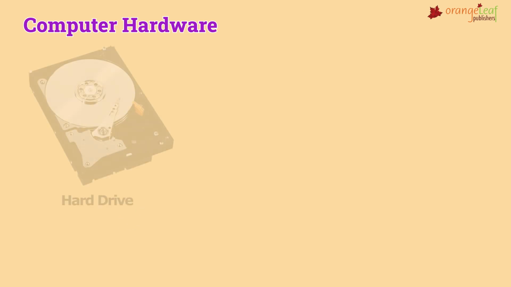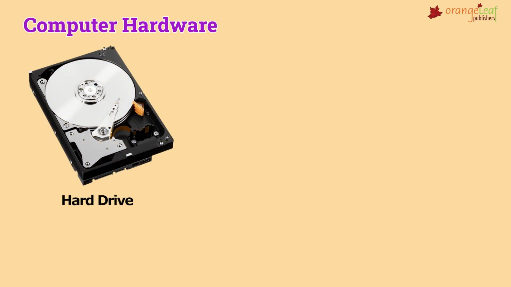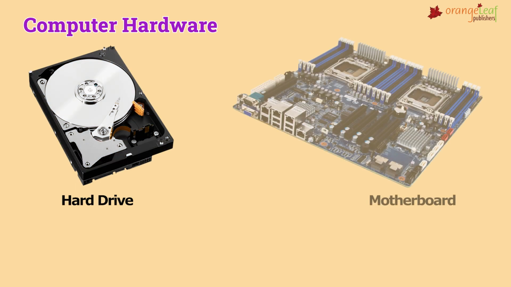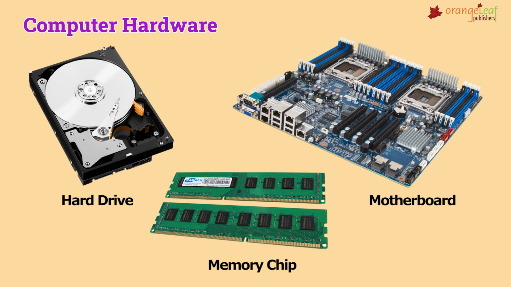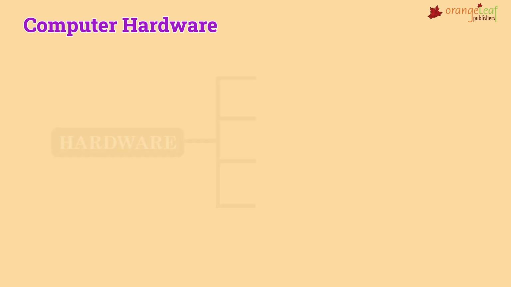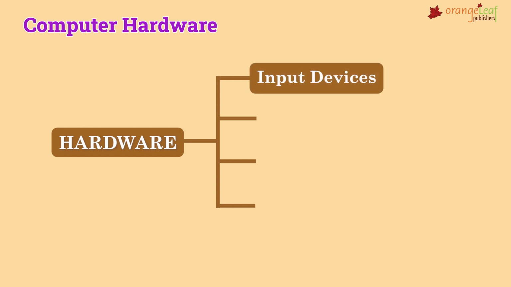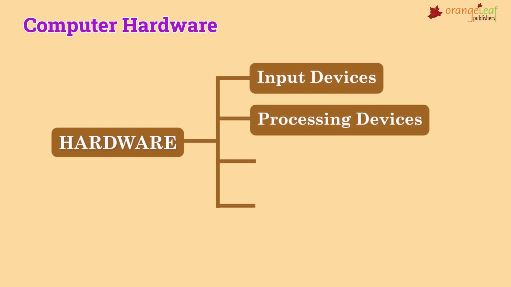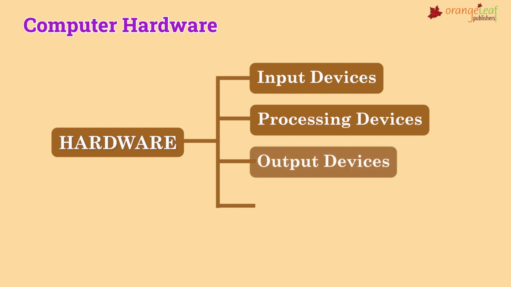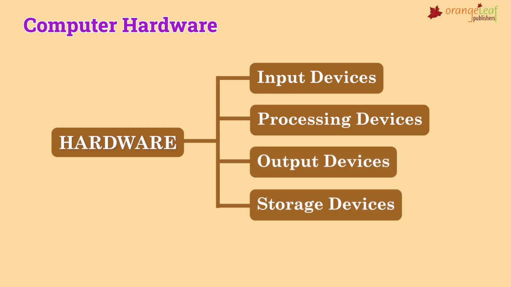Also, there are some hardware parts like the hard drive, the motherboard, and the memory inside the CPU, which cannot be directly seen. The hardware components are divided into four groups. 1. Input devices. 2. Processing devices. 3. Output devices. 4. Storage devices.